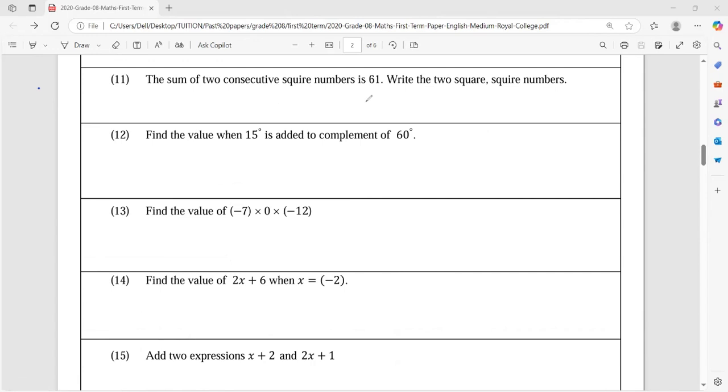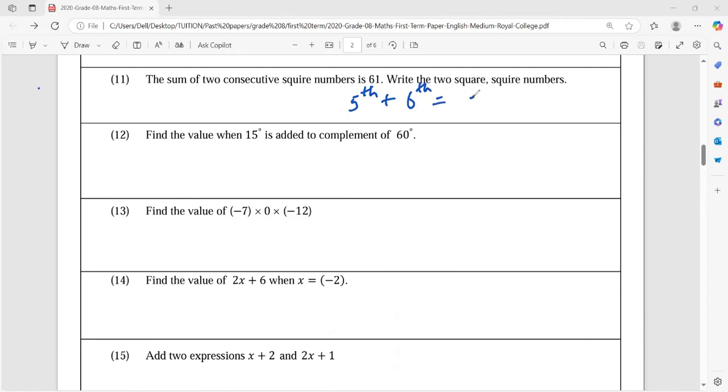And you know that we can do it with the quadratic equation, but we are not going for that in grade 8. So we can just keep adding. Let's go with the fifth square number and the sixth square number.